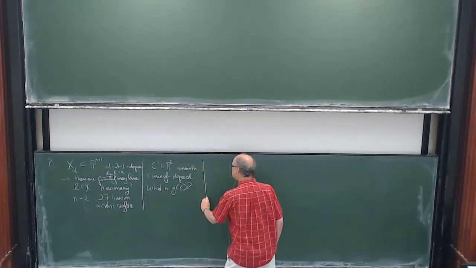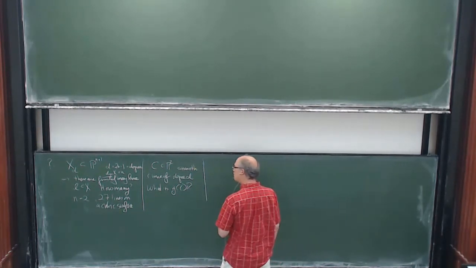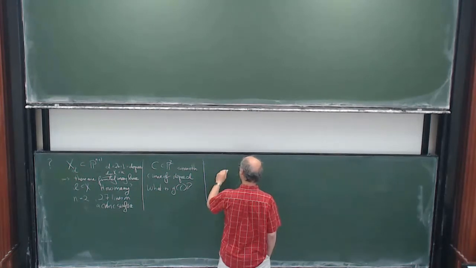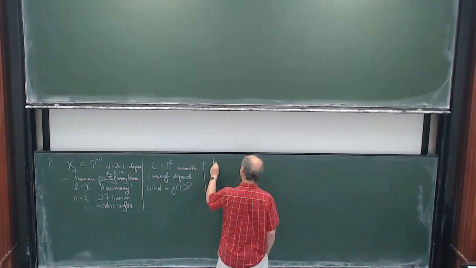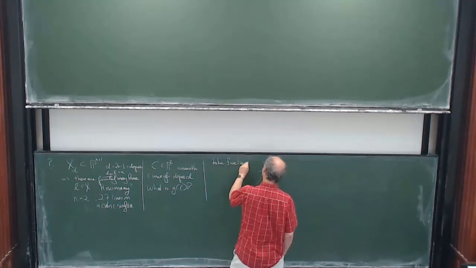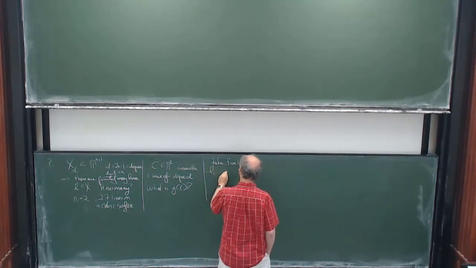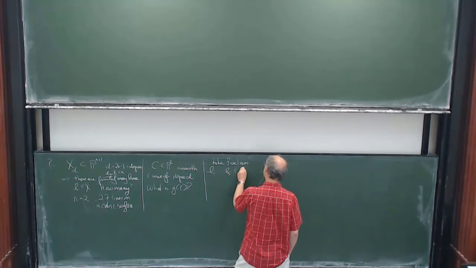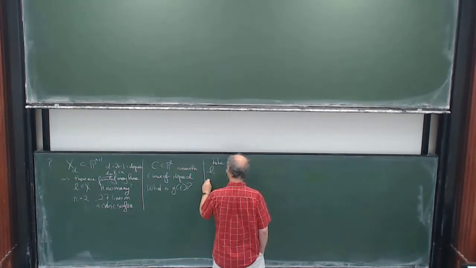Or maybe here's another fun one. You take 5 lines in P2 in general position.